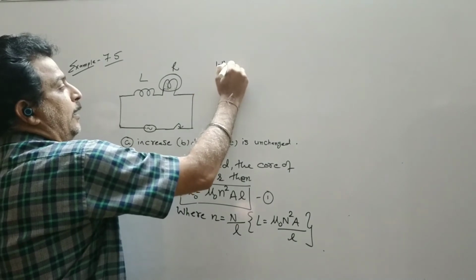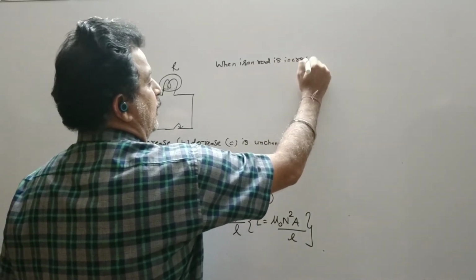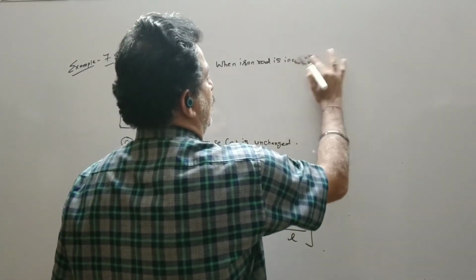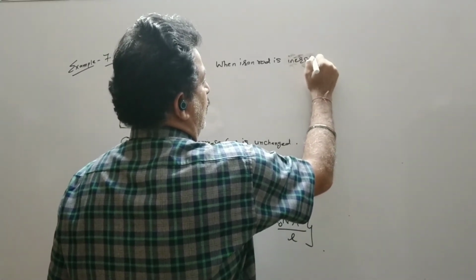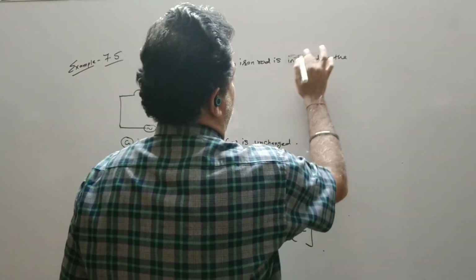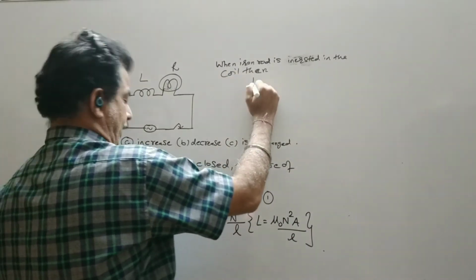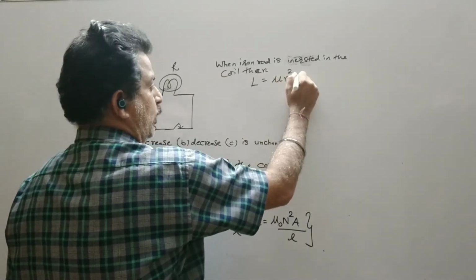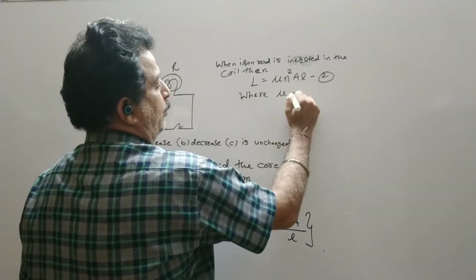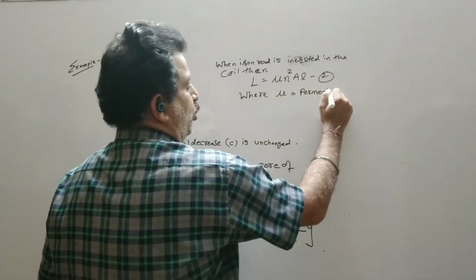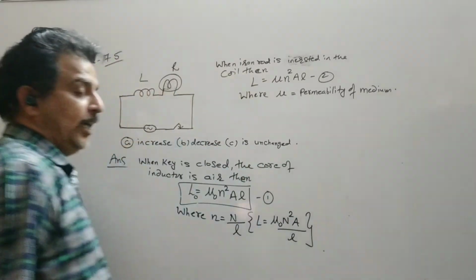So when the iron rod is inserted in the coil, then L is equal to mu n square AL, where mu is the permeability of the medium or the iron rod.